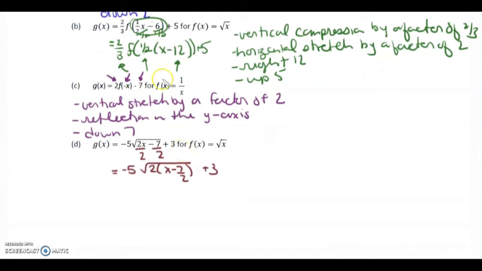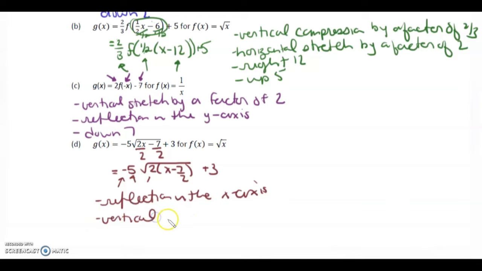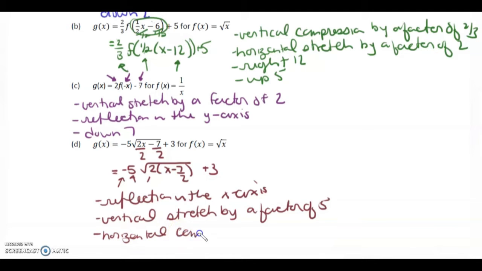Okay, so now we state all the transformations. The negative symbol is a reflection on the x-axis. The 5 is a vertical stretch by a factor of 5. The 2 is a horizontal compression.